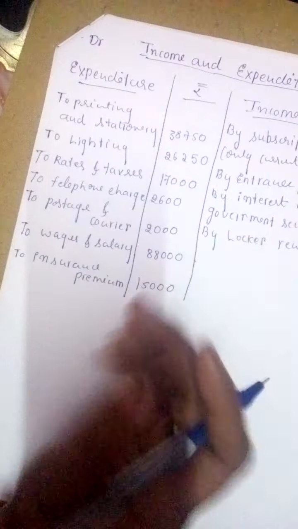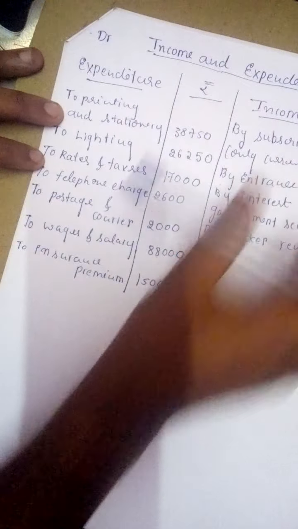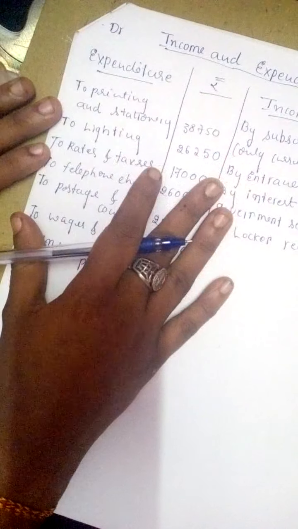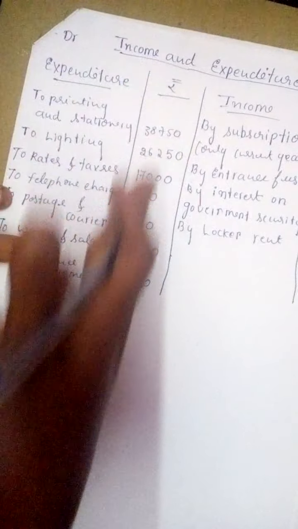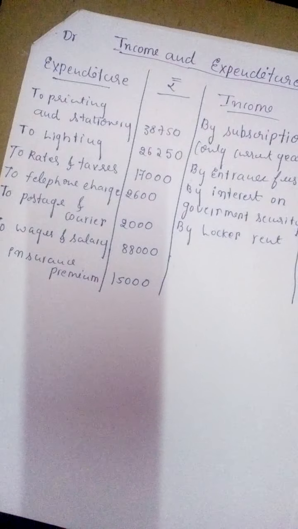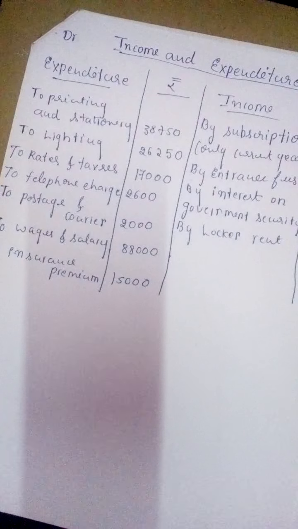Now we need to find the total of the debit side, the total of the credit side, and whatever the difference comes, either it would be a surplus or a deficit. So let us calculate the debit side. That is 38,750.